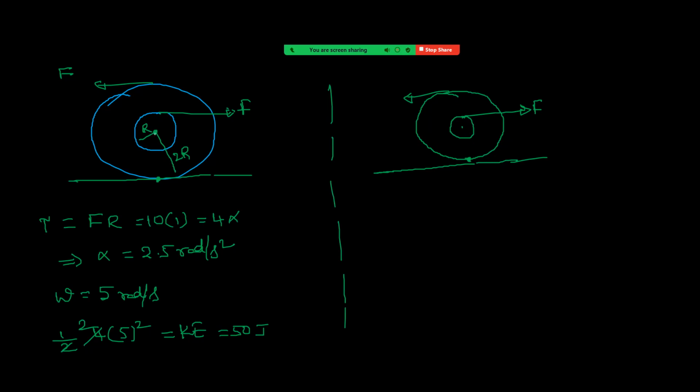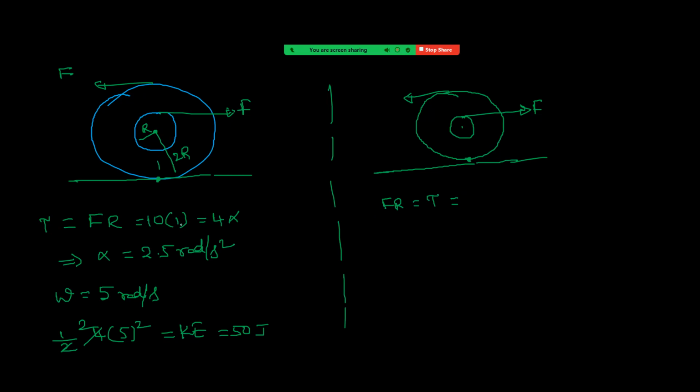This is 2R and this is R. Total is 3R. And this total value is 4R. So 3R and 4R. So net value F into R. So how we got this? F into 4R minus F into 3R. Okay. Net value is F into R.